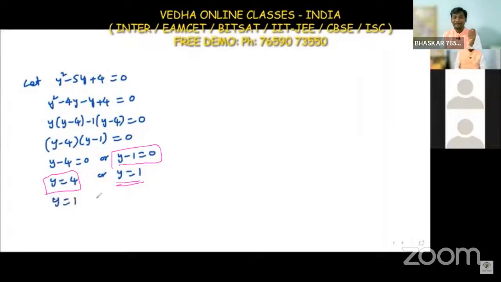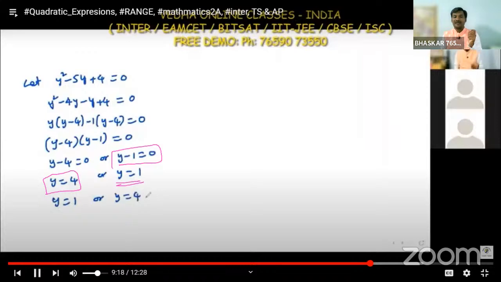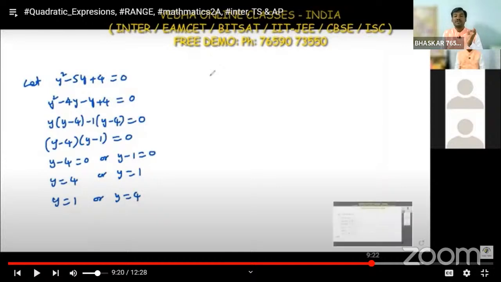Whenever we have the inequation, write the smaller value on the left and the bigger value on the right, so that it is easy for writing the values for the inequation.